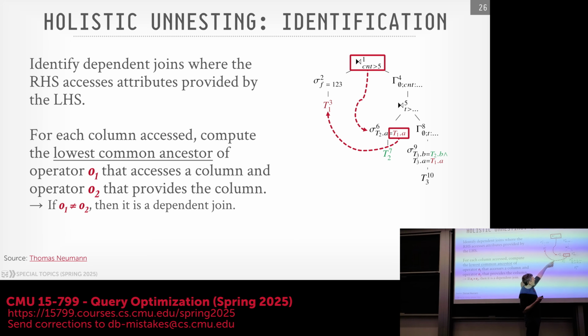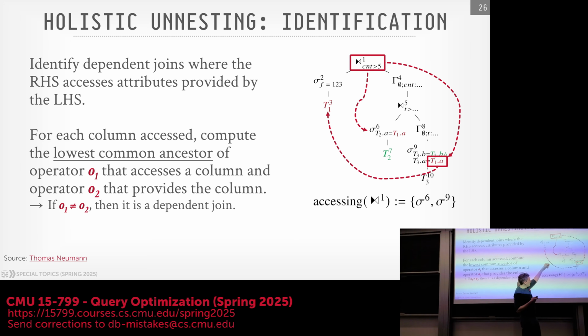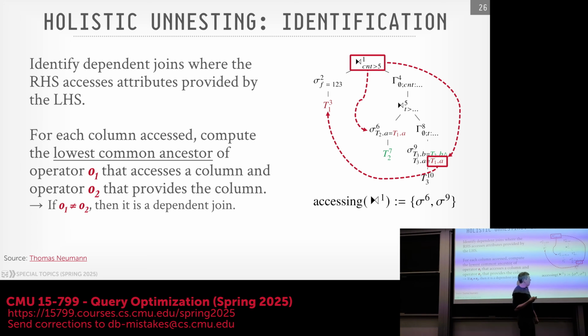So that's problematic because I'm accessing something on this side, but I know it's coming from over here on the other side, right? And then I also need to access T1.A on this other side here, and that's coming from the same source here. So in this case, for this dependent join at the top, 1, I need to know about where the data I need is coming from, operator 6 and operator 9 down below.